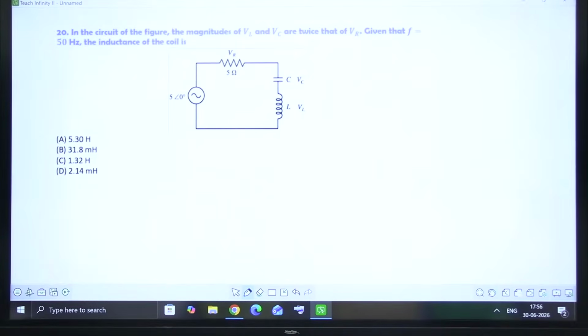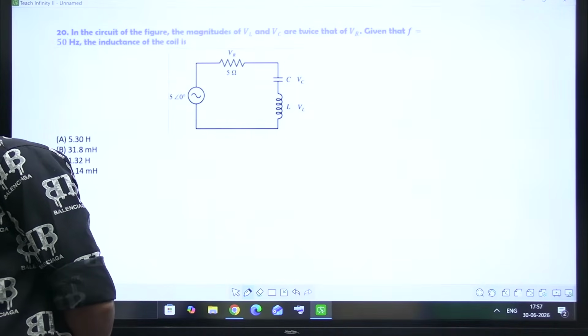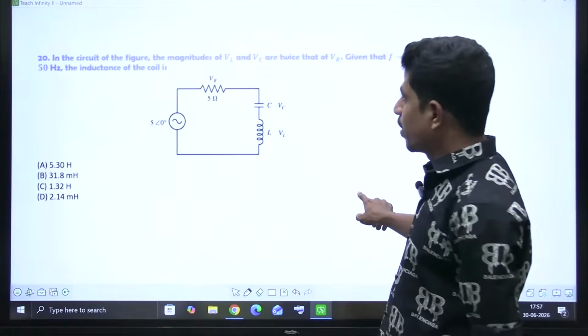Solve it. Yes, a little blur upside. Okay.